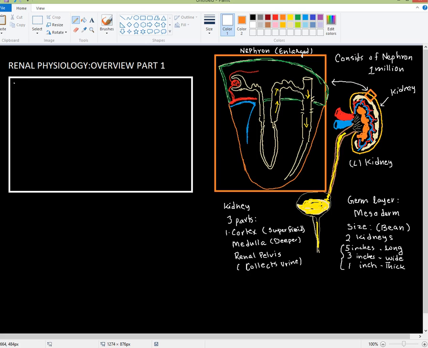So these are the major structures of the kidney. As we can see here, the kidney has a light yellowish color, that's the cortex. Then there are some red and blue colors, those are the blood vessels, and we'll talk in detail about them in later videos.